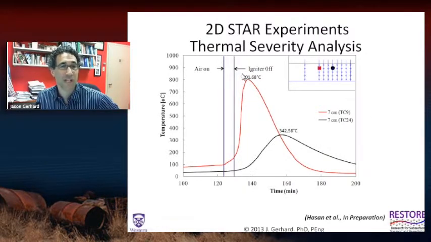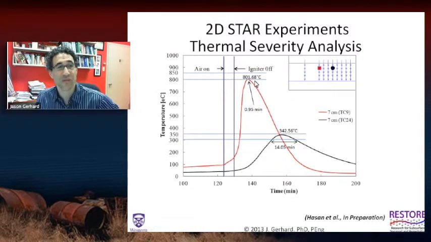This one reached 801.5 degrees. This one reached 342. Since we're looking at 50-degree increments, we can say that this location reached 800 degrees for almost 1 minute, but did not reach 850. So it reached 800 for 1 minute. This location here reached 300 for 14 minutes, but did not reach 350.